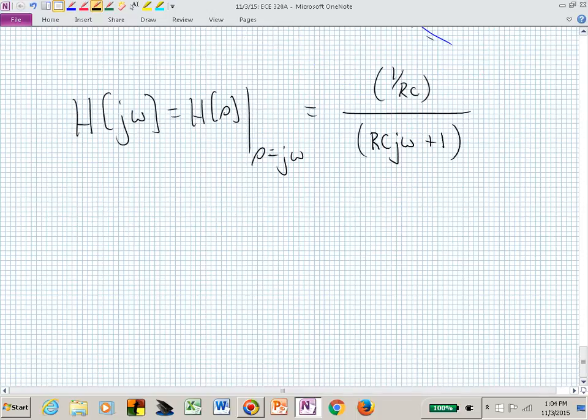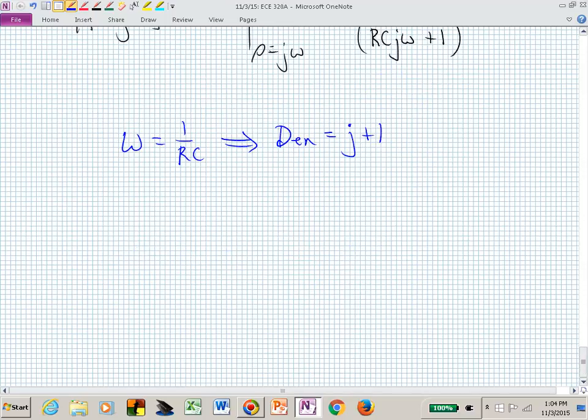So that now, if we actually didn't worry about this guy, if we now looked at when omega is equal to 1 over RC, what's the denominator going to do? That's this j plus 1. So that if we were looking at the magnitude of that denominator, we could say that's the square root of 1 squared plus 1 squared, or the square root of 2.